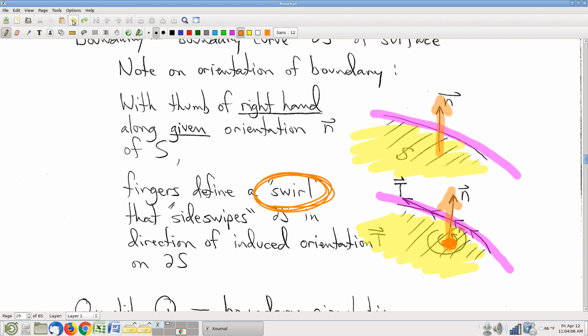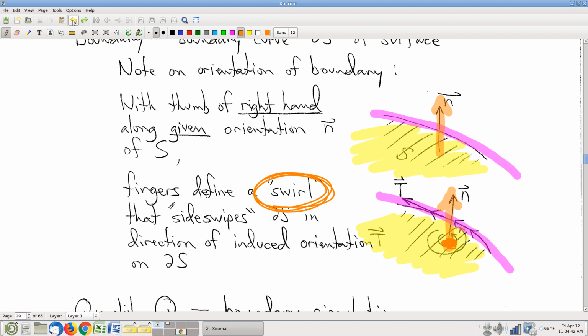The swirl is identified as follows. Again, this is the arbitrary choice that planet Earth has gone with. Take the thumb of your right hand and put it in the direction that the normal vector points. The fingers of your right hand then curl around in a certain direction. This is a means of communicating an arbitrary choice, based on the fact that our hands pretty much all work the same.